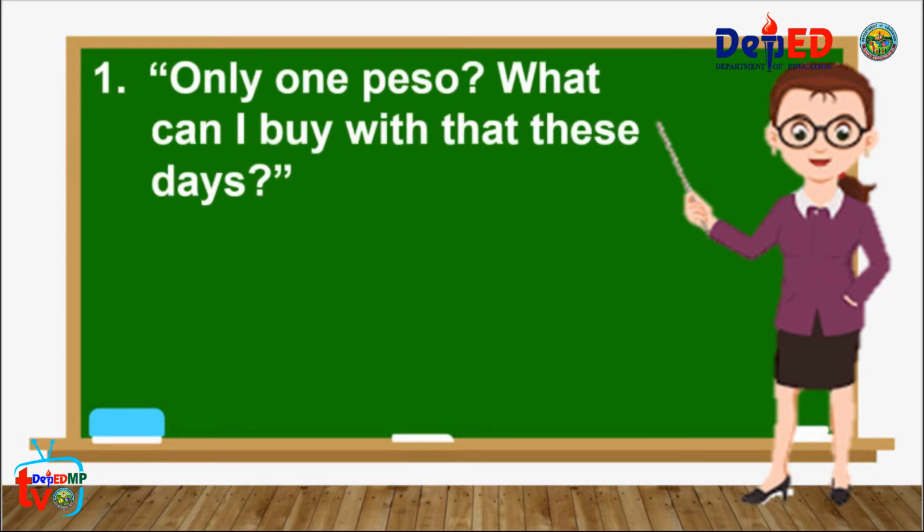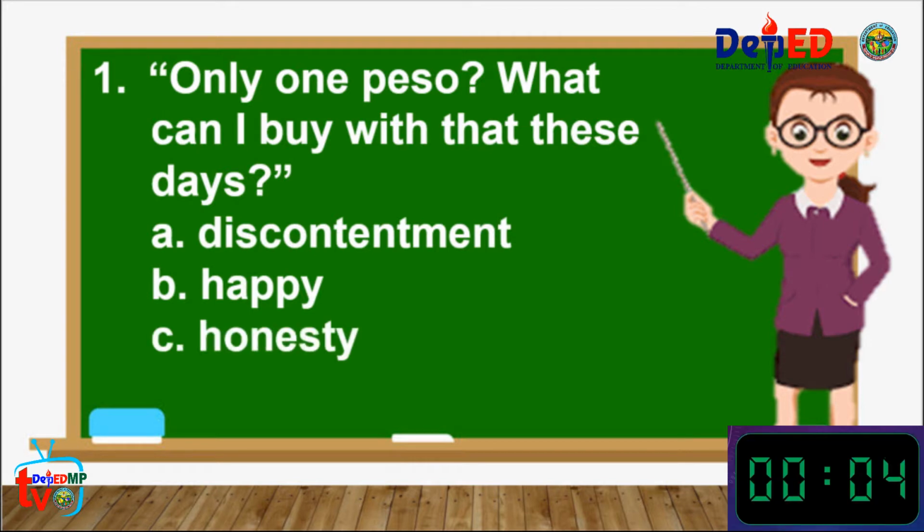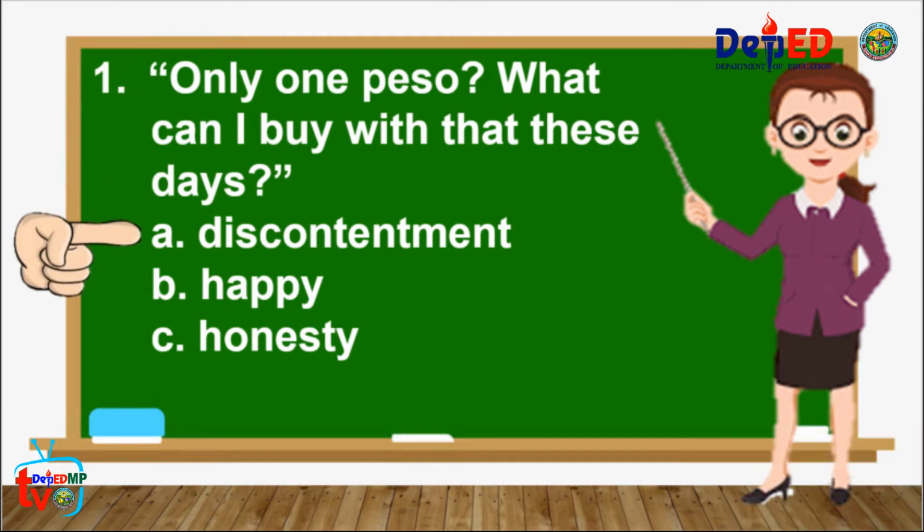Number 1. Only 1 peso? What can I buy with that these days? A. Discontentment. B. Happy. C. Honesty. Very good. The answer is discontentment.